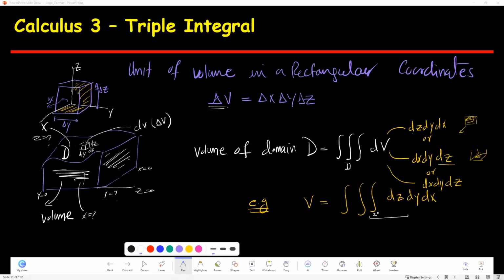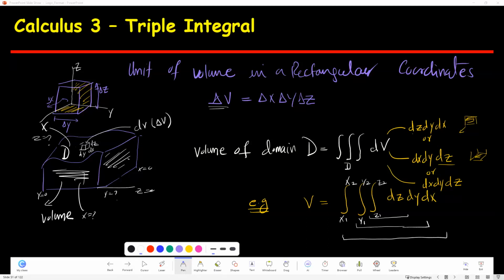So z equals 0, z1. I'm going to call it z1 to z2. These are the two limits. Okay, the best way you can say, not always 0, z1, z2. When I say solving dy, I'm going to say y1, y2. We're solving dx, I'm going to say x1 to x2, just like we did in double integral.